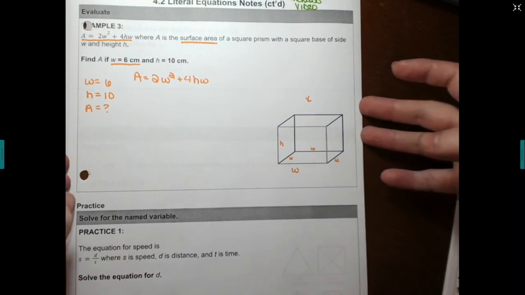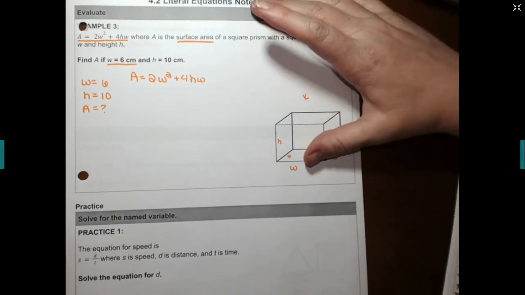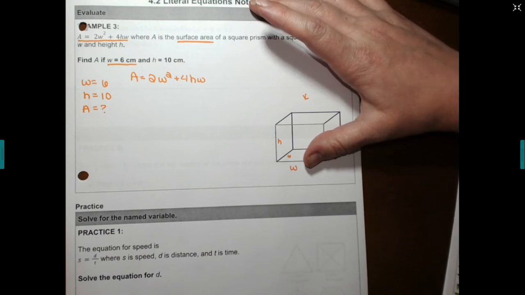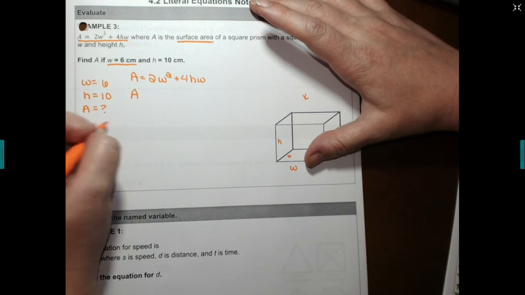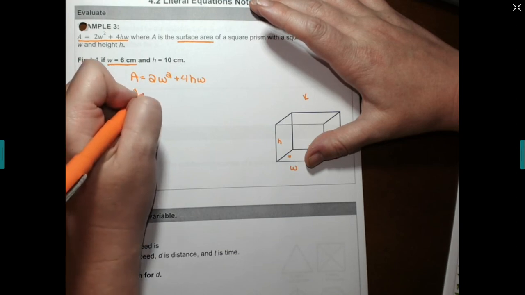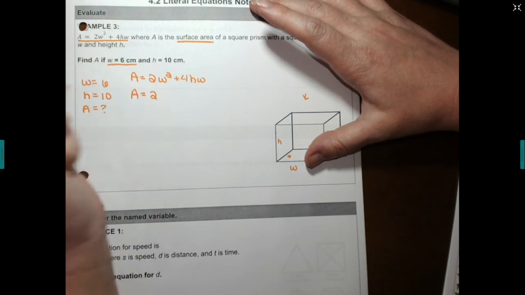Okay, so what we're going to do here is remember, when we go in and we substitute in, we put in parentheses for the variables we're going to use. So we're going to do A, because we don't know what that is yet. We're trying to find that one. A equals 2.